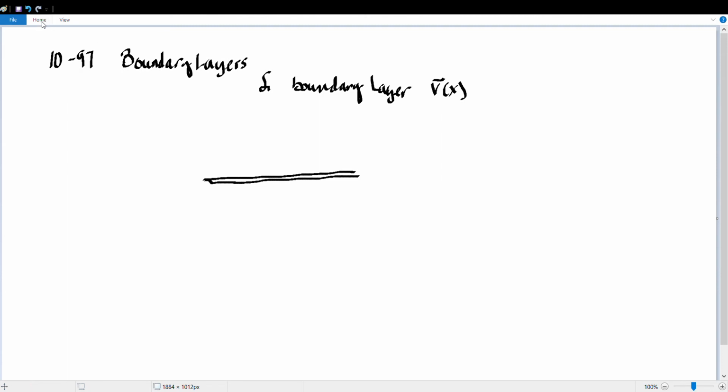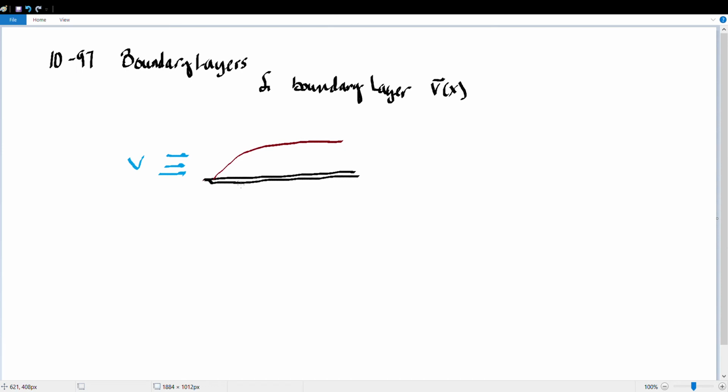What we have is a flow of fluid going in this direction, and we'll give that the capital V for the velocity of the fluid. Then you're going to develop a boundary layer. I'll give it this nice rust color. So you're going to have a boundary layer that looks like that.